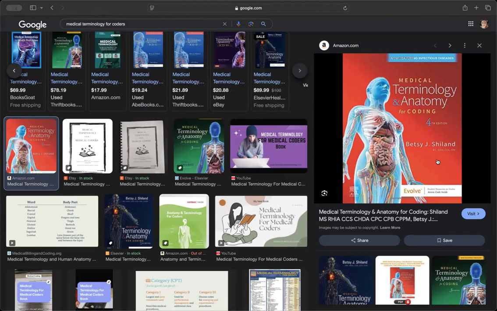I think I even still have one around here from when I was teaching years and years ago. It's got both med term and anatomy, and a bunch of questions. If you guys do get it, I can pull the answer keys so that you can have them for the practice questions and exercises in the book.